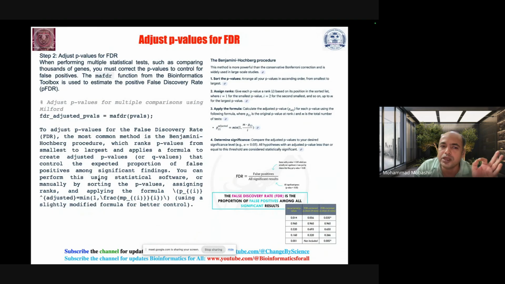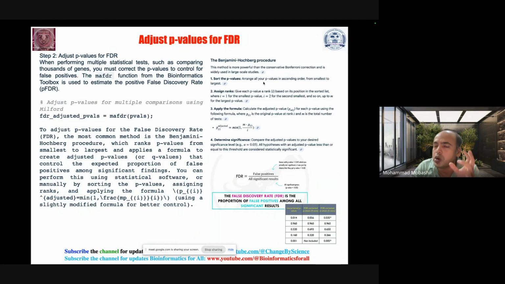You can perform this using statistical software or manually by sorting the p-values. Now, what is the Benjamini-Hochberg procedure? This method is more powerful than the conservative Bonferroni correction and is widely used in large-scale studies.